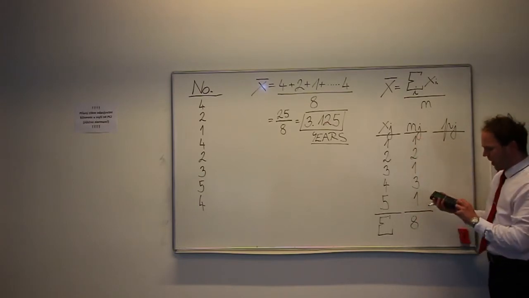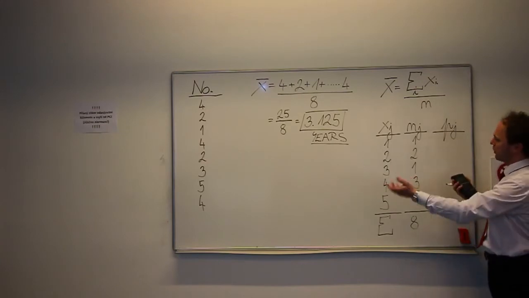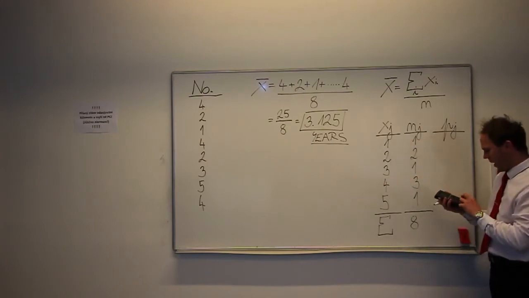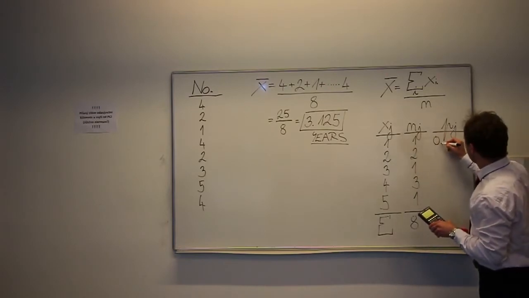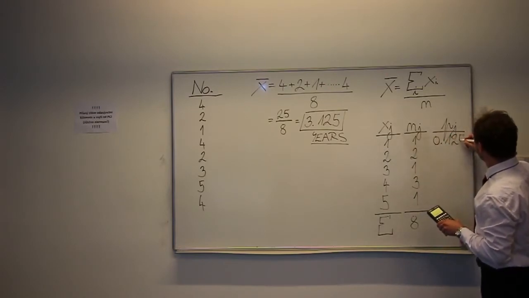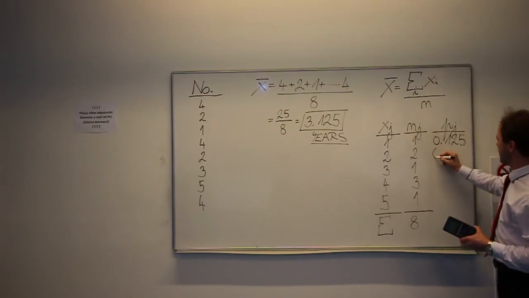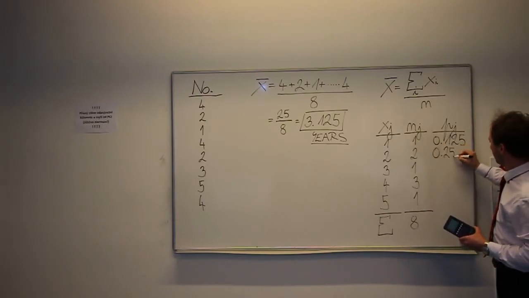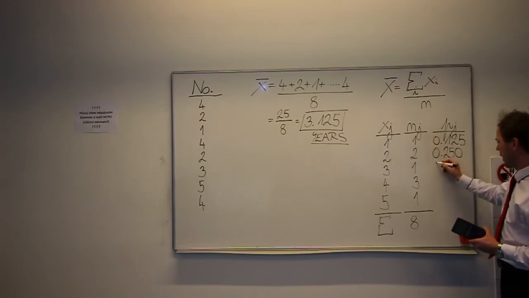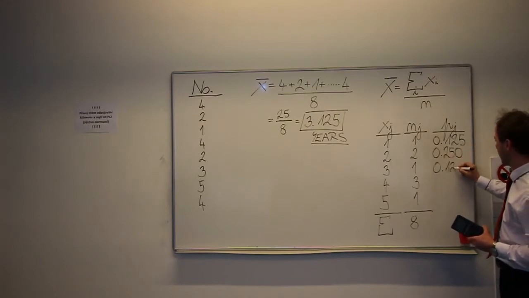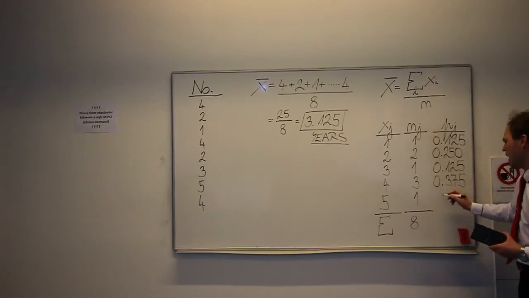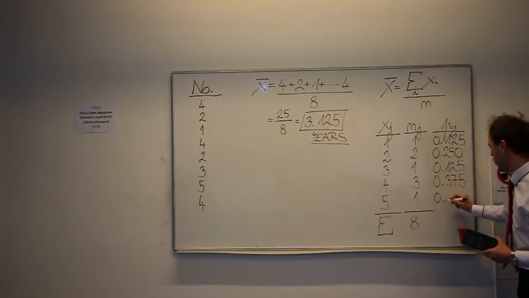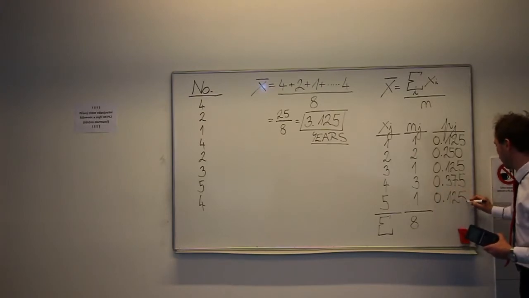1 divided by 8, you already know what it is, the relative frequency: 0.125, 0.125, 0.250, 0.125, 0.375, and 0.125.